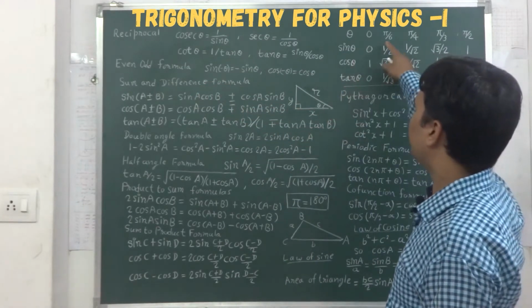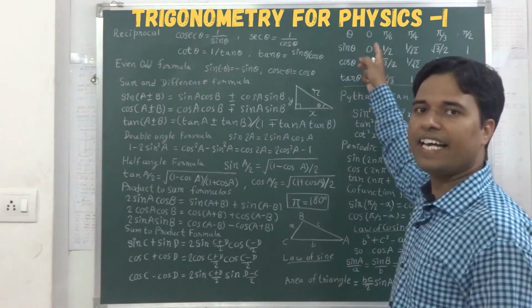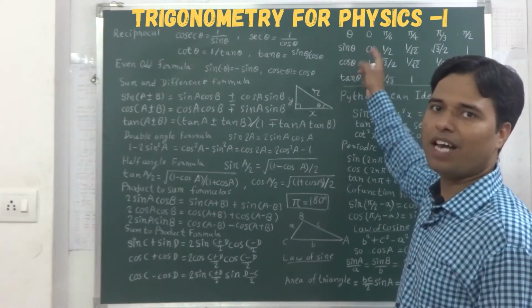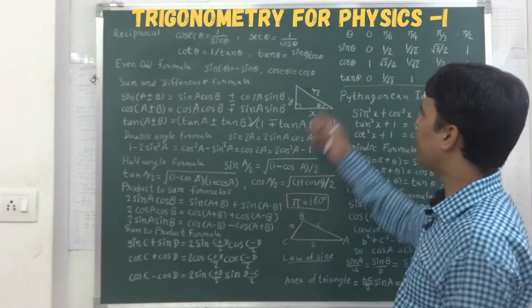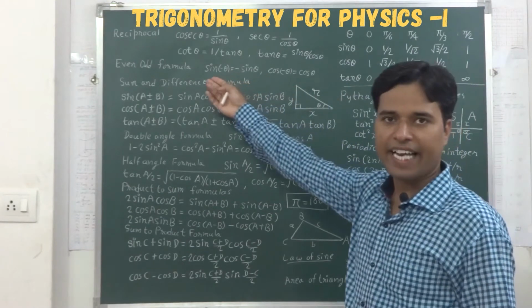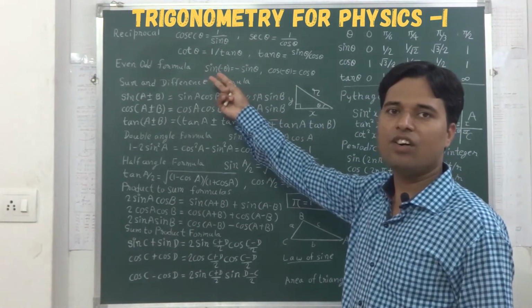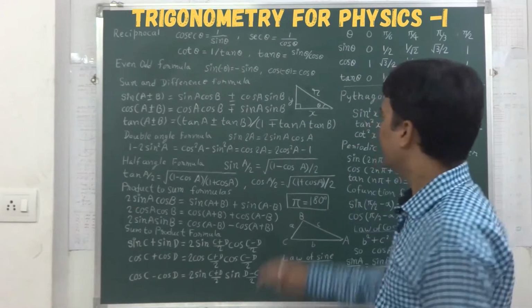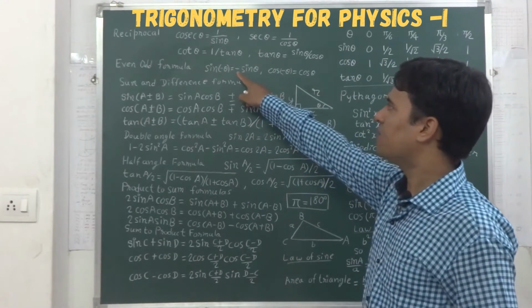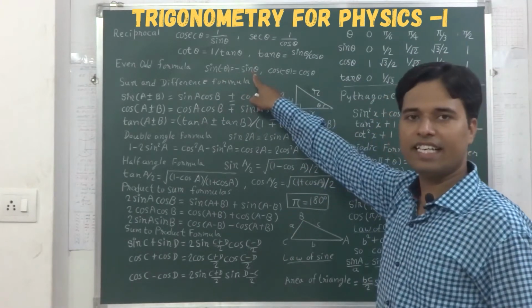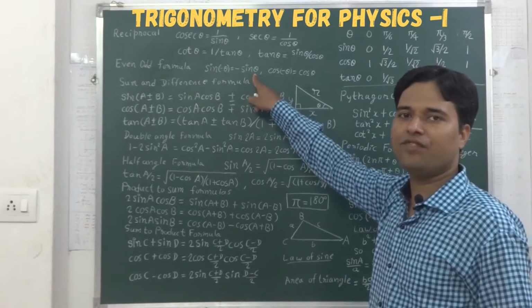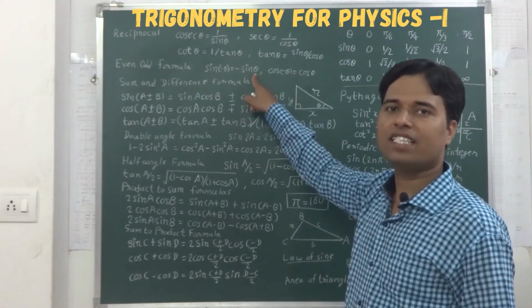If we know the value of sine 30 degree or sine pi by 6, we can get the value of sine with negative 30 degree or negative pi by 6. It will be written as minus sine 30 degree, then you will get the value as minus half.